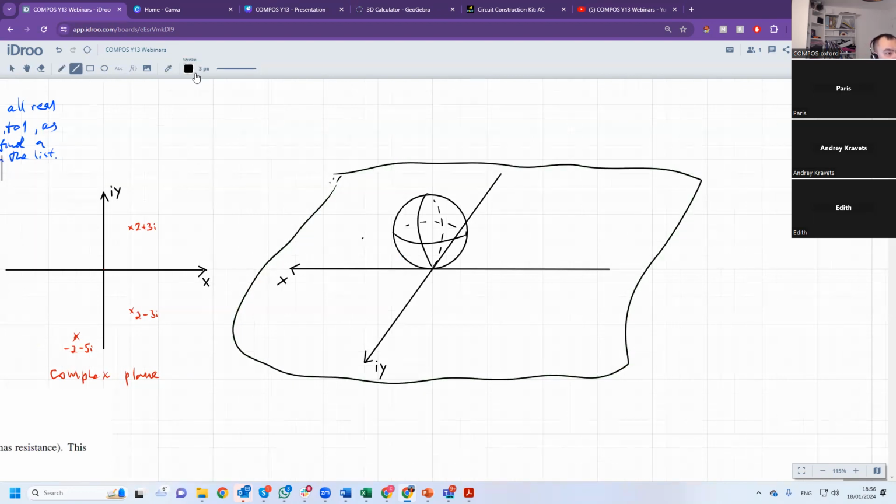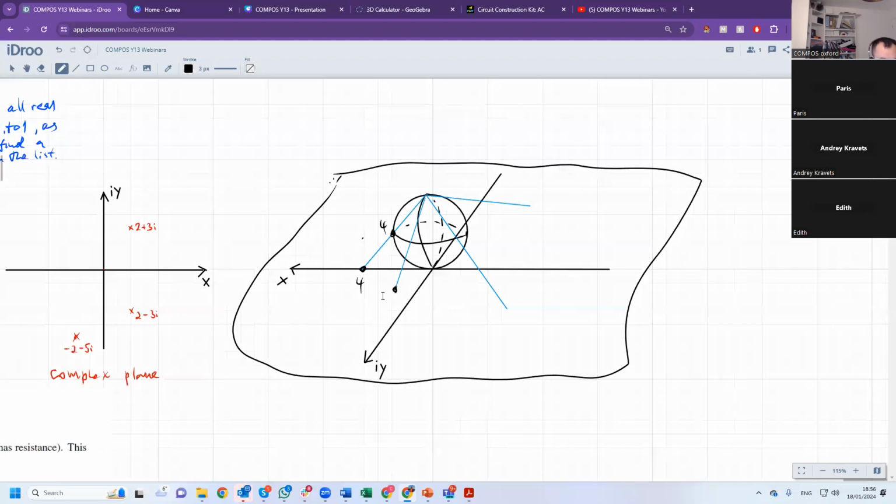And now if you draw a line from the top to a point on the plane, so for example, if this is 4, this point corresponds to 4.